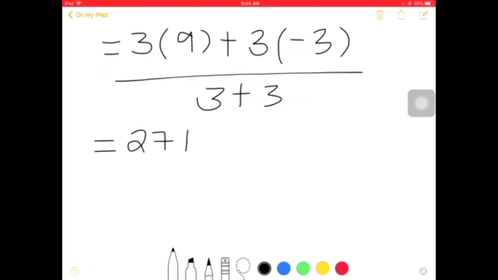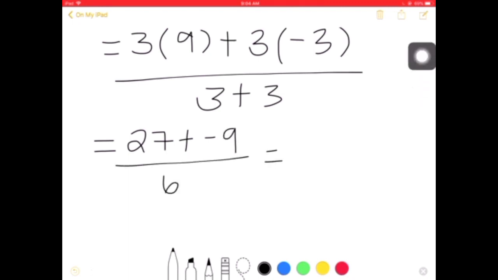With that said, 3 times 9 is 27, while 3 times negative 3 is negative 9. We put all of this over 6 because 6 is the sum of 3 plus 3. The answer is 18 over 6, or 3.